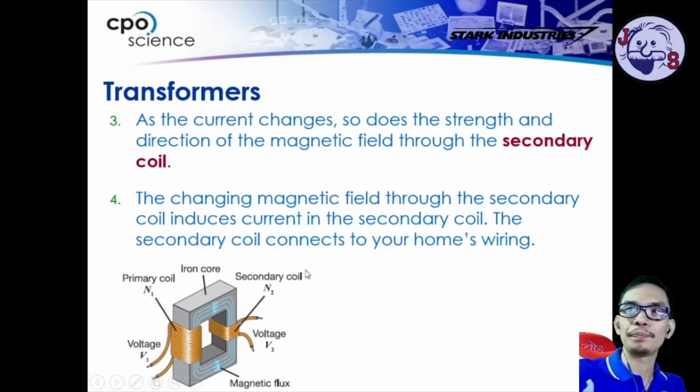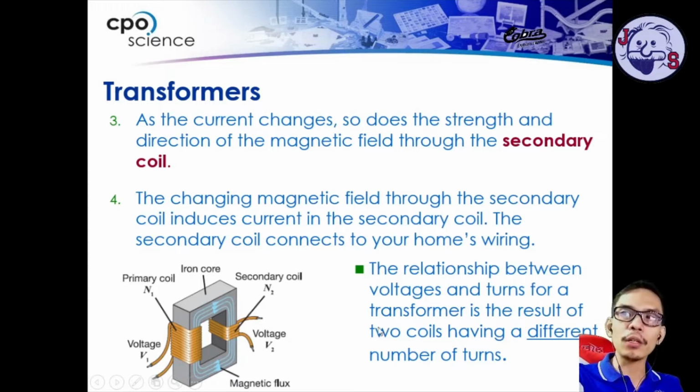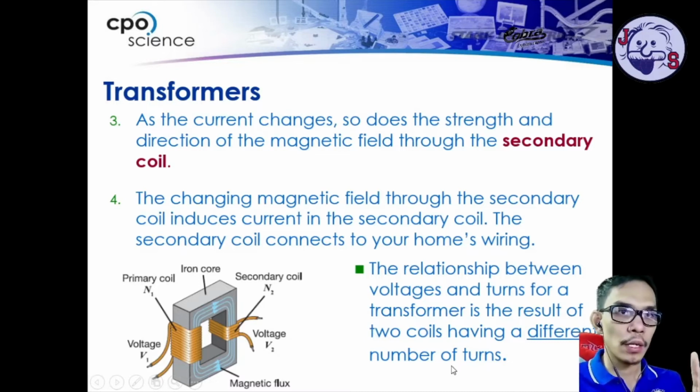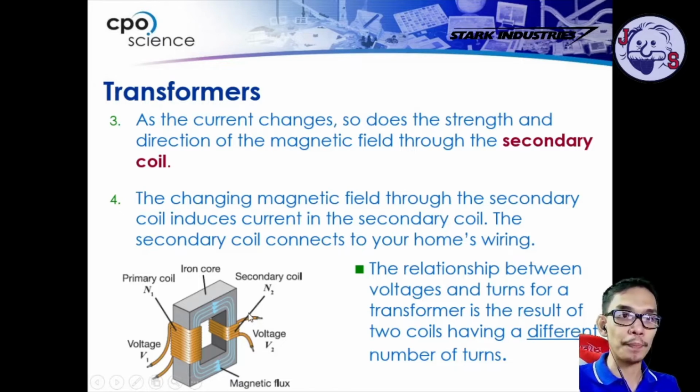So what is the relationship between the voltage and the number of turns? The relationship is the result of the two coils having different numbers of turns. What I want you to take note of is that there is no transformer that has primary and secondary coils with the same number of turns.